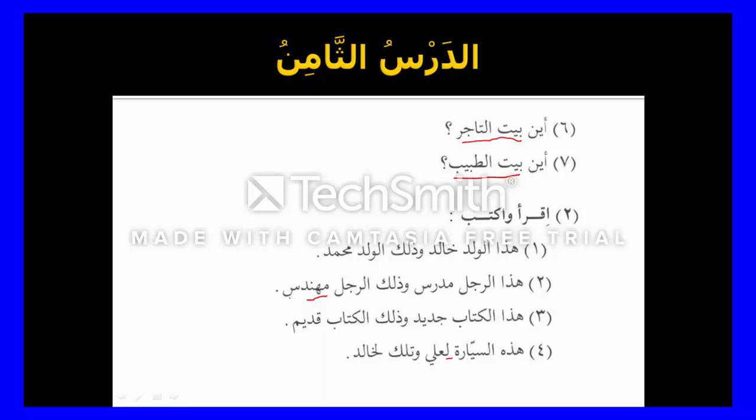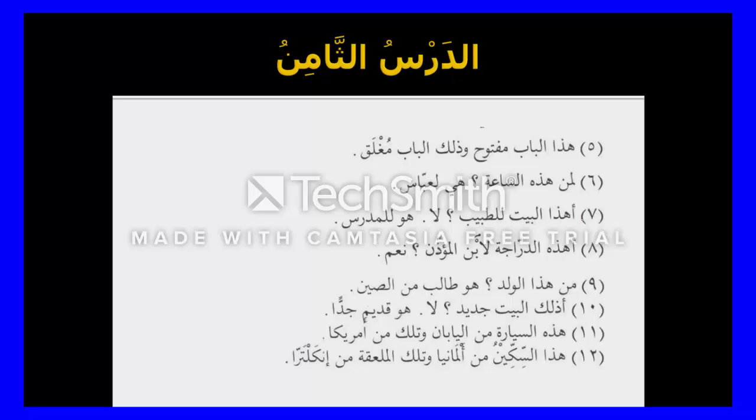In case you forgot, that's an engineer, and it should have tanween, dammatain, and mudarris here, mudarrisun, teacher, mudarris. And then we have new and old. So those are some vocabulary. Again, if you have any questions, you can always pause this.